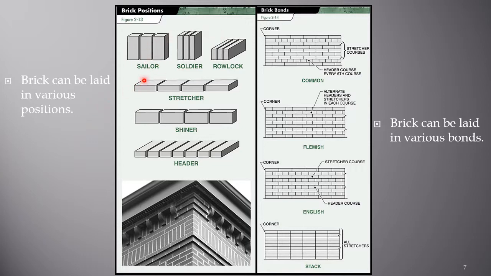These are the different types of positions, and the organization of them is known as a bond. And these are the different types of bonds available to provide a decorative look to the brick. These will all be shown in an elevation for an exterior drawing.